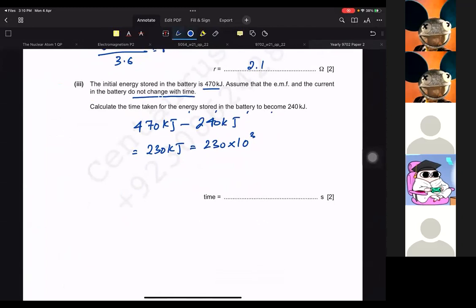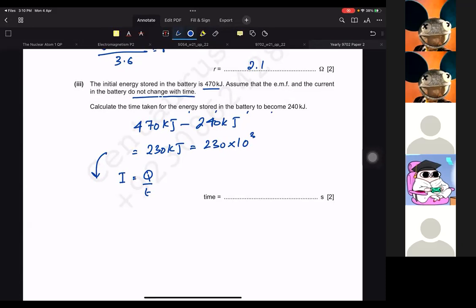The only way to find time is to use current equals charge upon time. And to find the charge, I have the energy, and the voltage doesn't change.